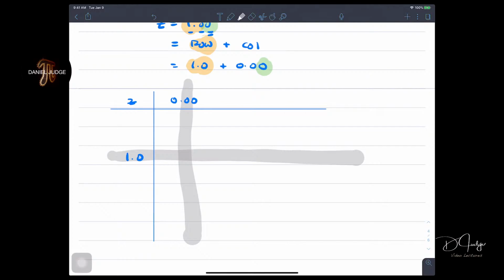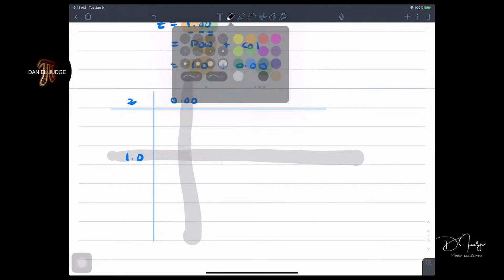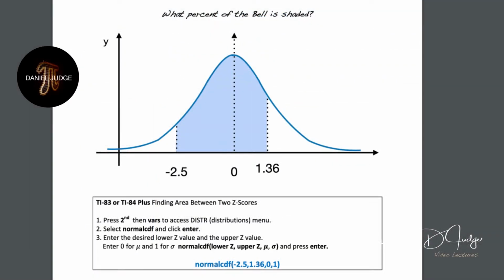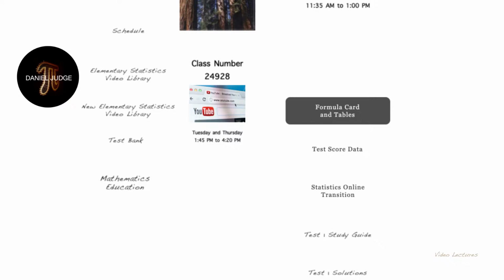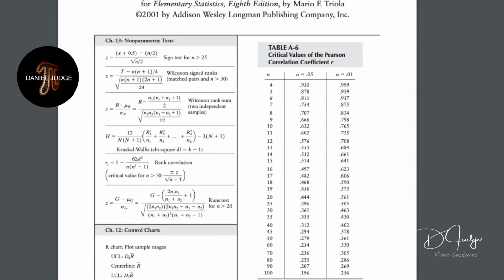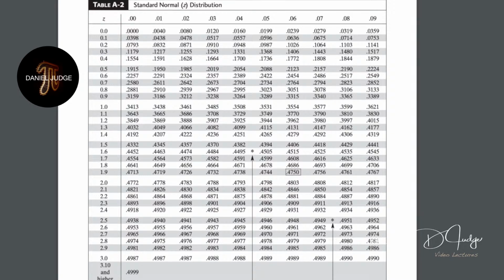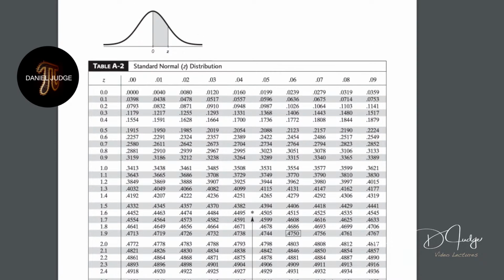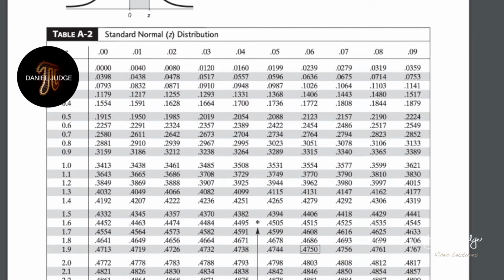We want to know what z value is actually there. So let's go to the browser. And you guys already have the procedure, so I'm going to make sure we get the formula sheet. We need the 1.0 row and the 0 column. Look at that, the first column is 0. So here's what we're looking at. So you can actually see it here.